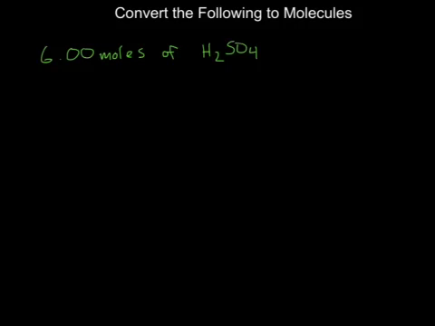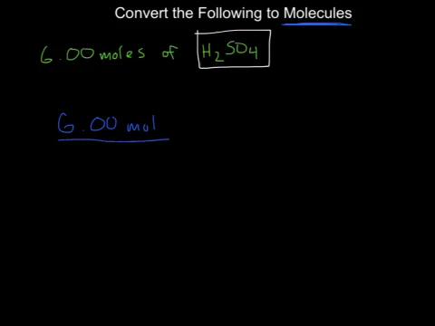Now, we're going to molecules. As you can see, we have a compound here. We have 6 moles of that compound, but we do not need to find out grams. So if you did this correctly, your equation would have set up something like this.